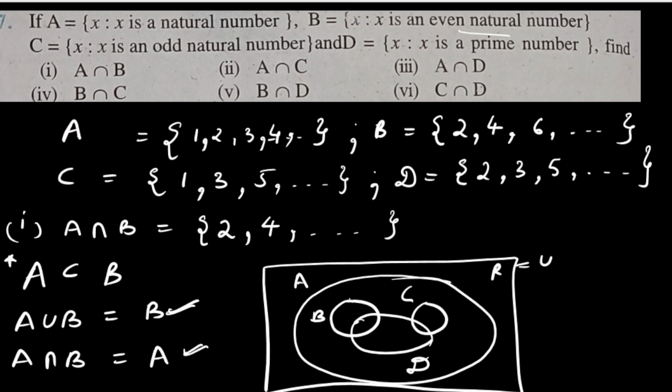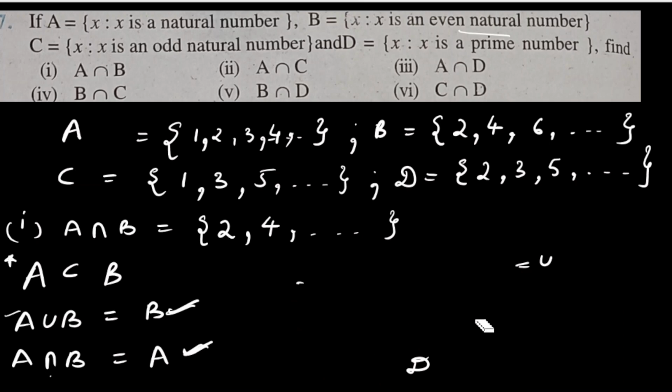Okay, let's do this question now. I've explained that if we have to do intersection of this type, the answer will be the subset itself. If we have to do union, the answer will be the superset itself.